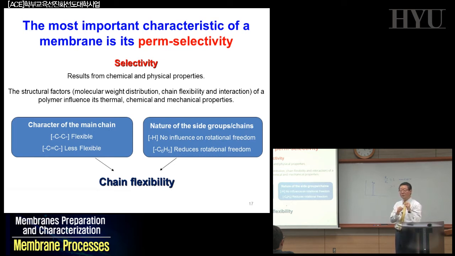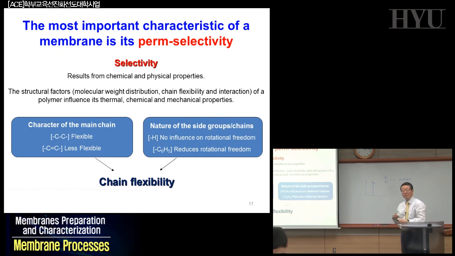If the selectivity is 1, that means that you have pretty large pores, so that both of these two components will be passing through. The rate of passing of one component versus the rate of passing of the second component is about the same, where selectivity is equal to 1.